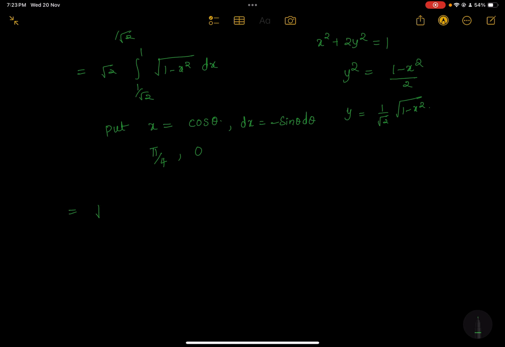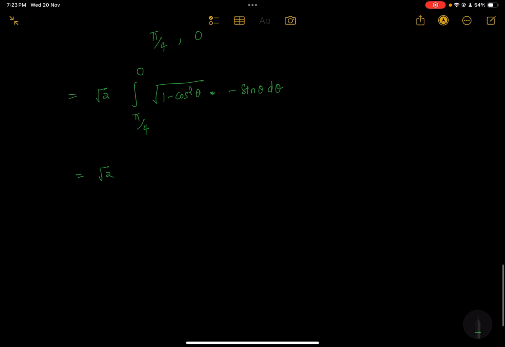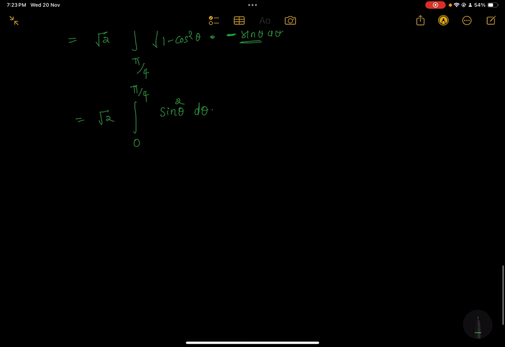So this is root 2 times the integral from pi by 4 to 0 of root of 1 minus cos square theta into minus sine theta d theta. Let us change the limits to 0 to pi by 4. If we change the limits, we can get rid of this minus sign. Root of 1 minus cos square theta is sine theta, and here we have one more sine theta. So sine square theta d theta.